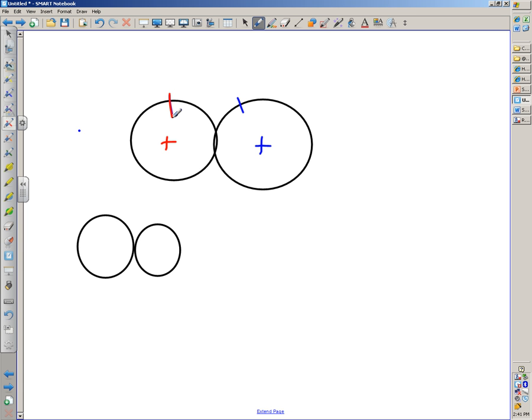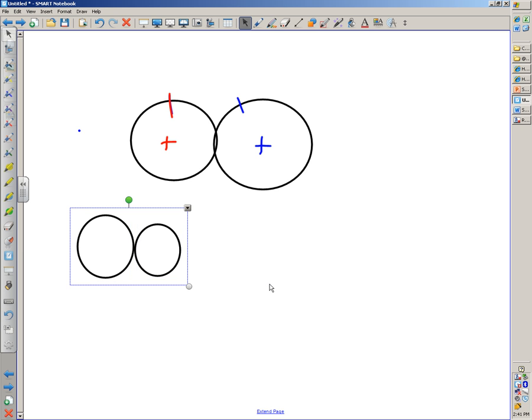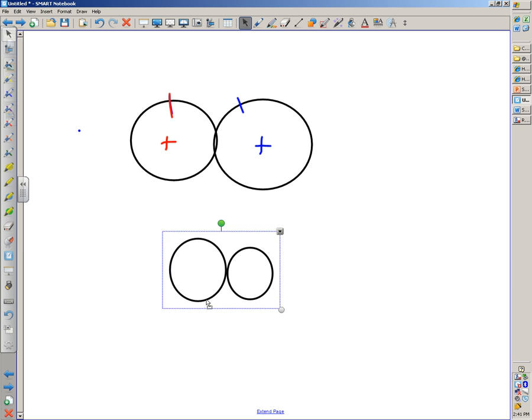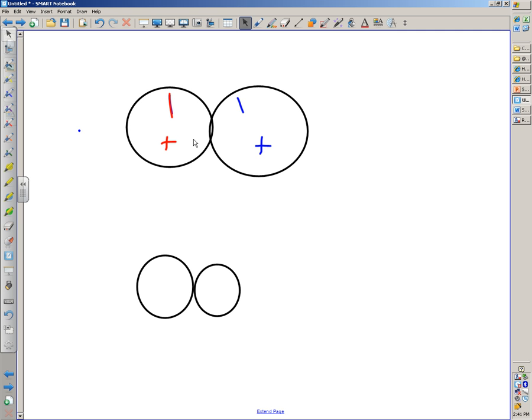But they are easy to get away from these two that are joined together. These have no attraction for these, but these two are very strongly attracted to each other. This is a covalent bond.